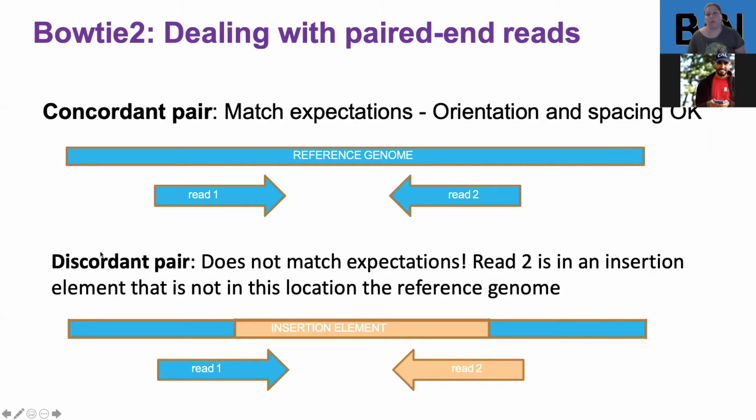So for example, they're both in the same orientation, as opposed to facing each other, or you could have a very large insertion in the middle between those reads, much bigger than, let's say, the insert size that you aimed for when you did your library prep. And Bowtie will recognize that automatically.